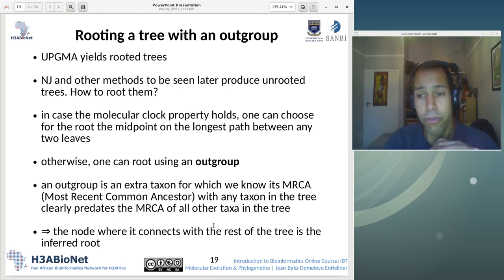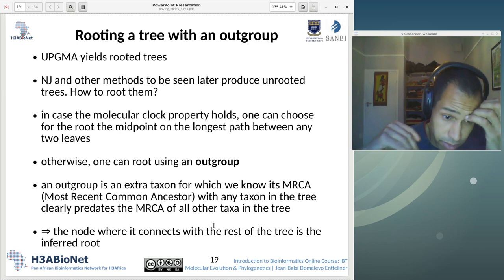Just use artificially another taxon that you know is evolutionarily distant from this group, and see where it connects with the rest of the tree. And this technique of the outgroup can be used whatever tree inference method you're using, right? We can use this also in maximum likelihood phylogenies or in minimum evolution phylogenies, etc.